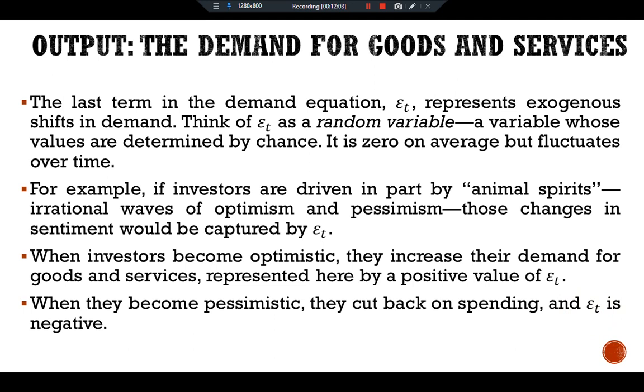An increase in government spending or a tax cut that stimulates consumer spending means a positive value of epsilon T. A cut in government spending or a tax hike means a negative value of epsilon T. Thus, this variable captures a variety of exogenous influences on the demand for goods and services.